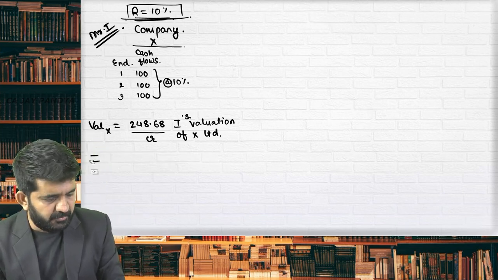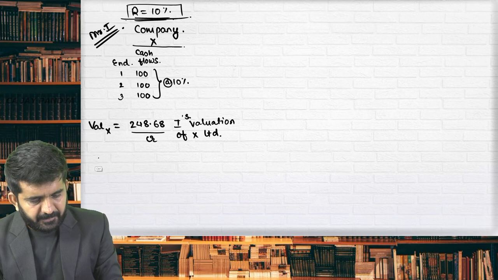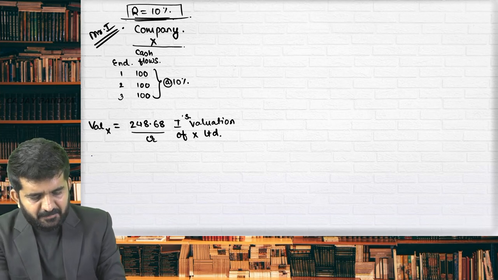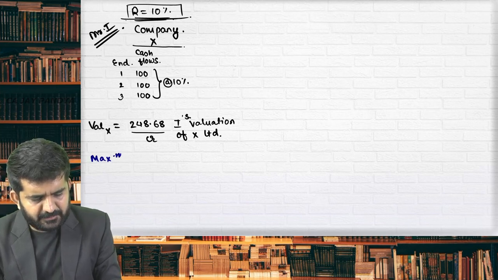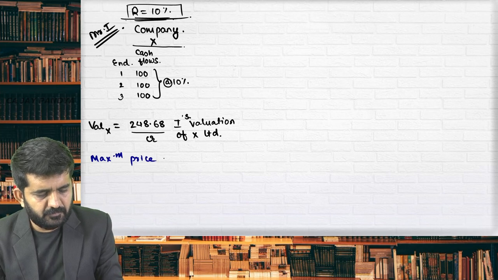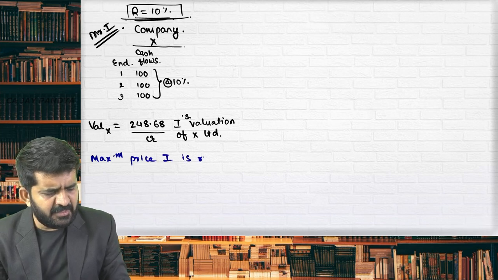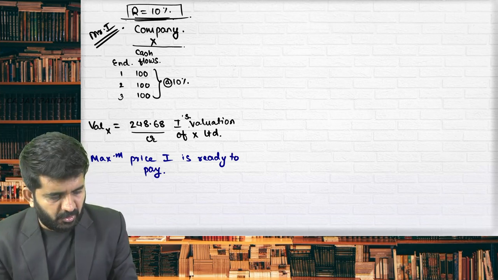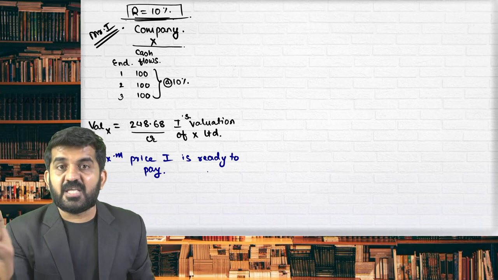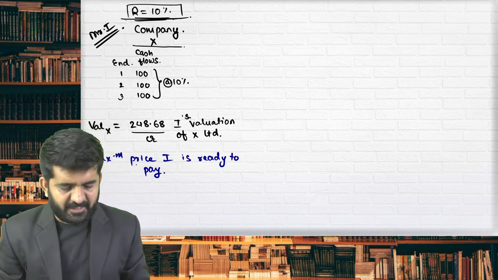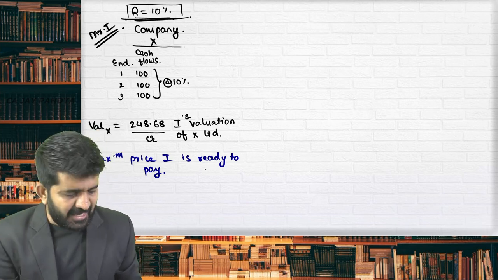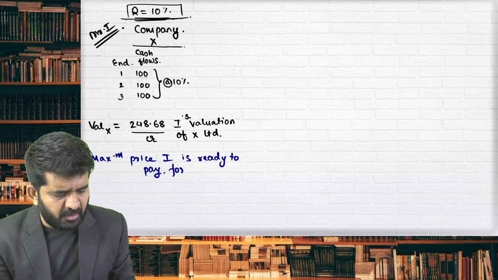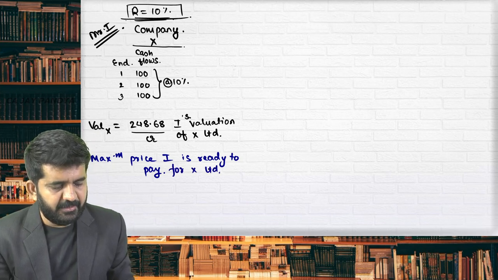Let me write it down in a proper sentence. This is the maximum price I is ready to pay. We have learned the first sentence: I's valuation of X Limited. Second, the maximum price I is ready to pay for X Limited.